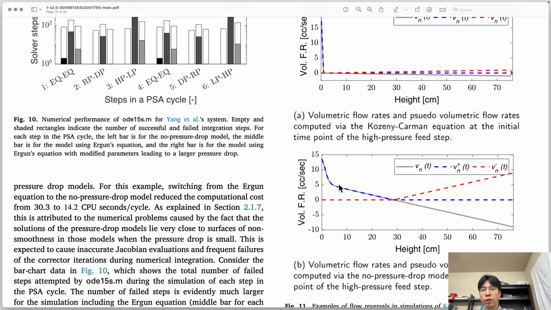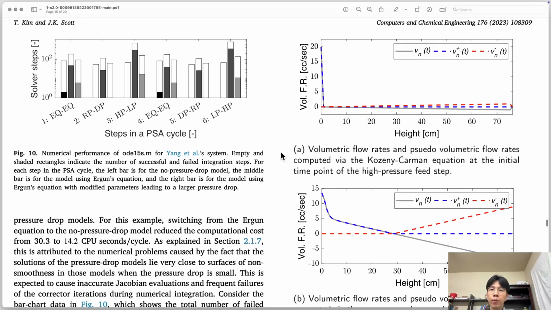When the flow rate is positive, then the positive pseudo-volumetric flow rate remains positive, but the negative pseudo-volumetric flow rate becomes 0. So you can see the gray line is the volumetric flow rate, and the pseudo-volumetric flow rates account for these, right? Volumetric flow rates for the Kozeny-Carman equations also work in a similar way.